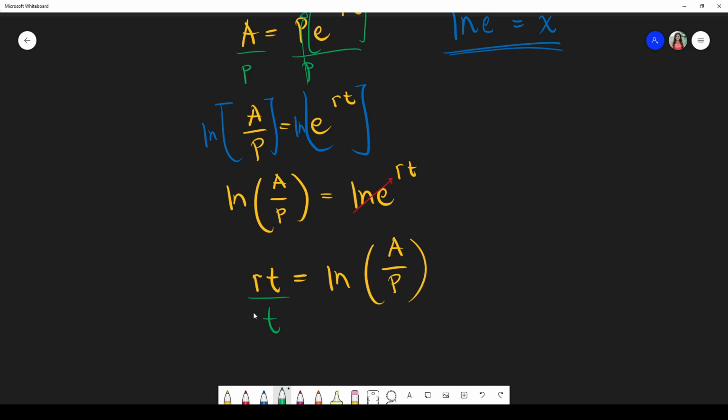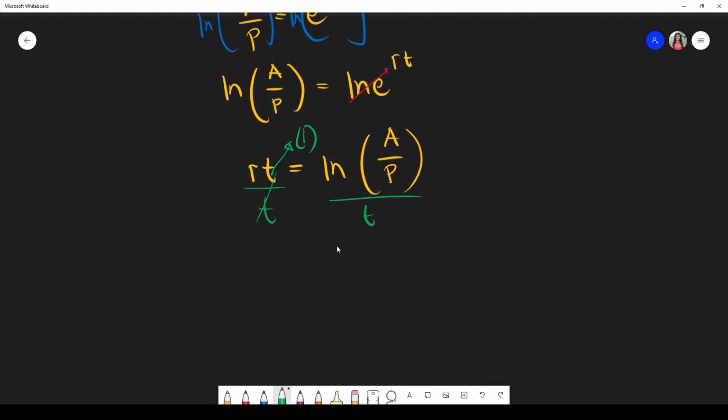So if we divide the left side by t, we also divide the right side by t. Let me pull this up so that we have space. This would leave us with r is equal to ln of A over P, all over t.